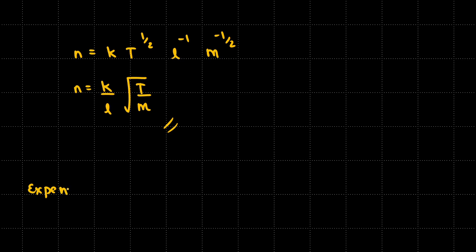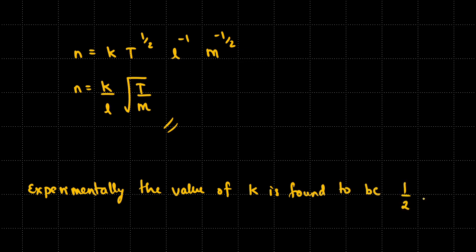So experimentally, the value of k is found to be 1/2. This is for the fundamental frequency, which we will learn later. This is a special case, when we're just talking about a string that's vibrating in its fundamental frequency.